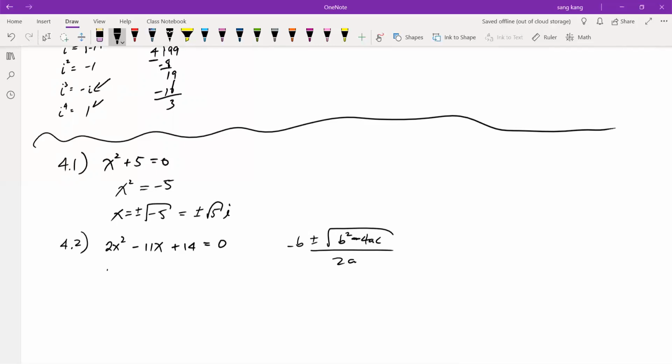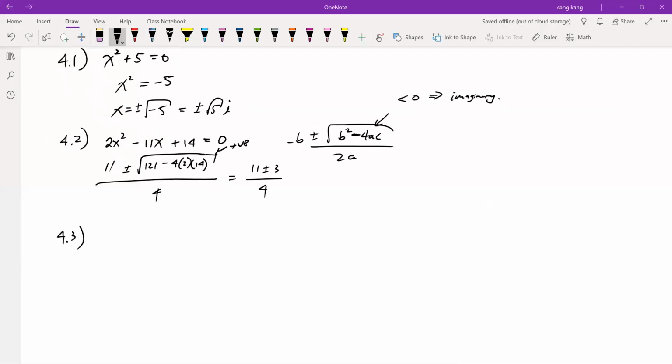Again, if this is less than 0, then we have imaginary numbers. This one actually won't have imaginary terms. 121 minus 4 times... this quantity up here becomes positive 9. So this is just 11 plus or minus 3 over 4.